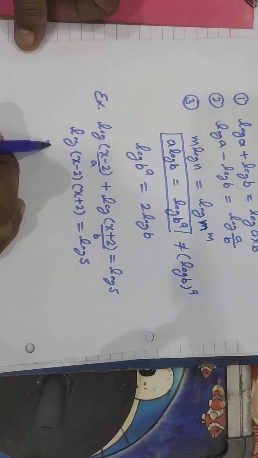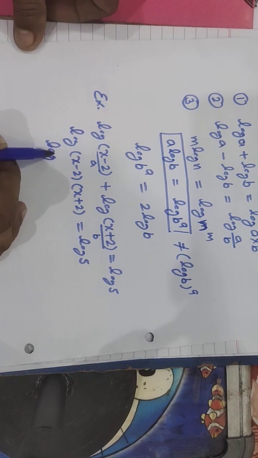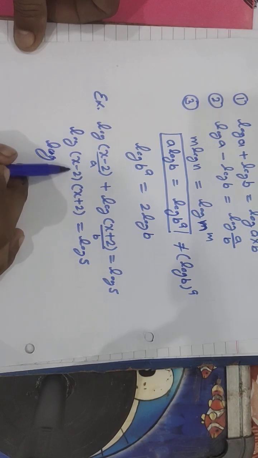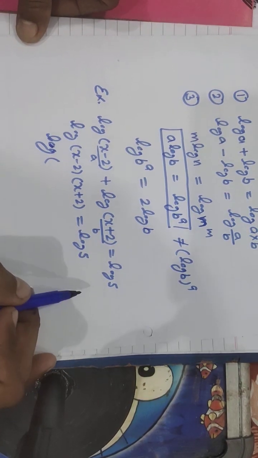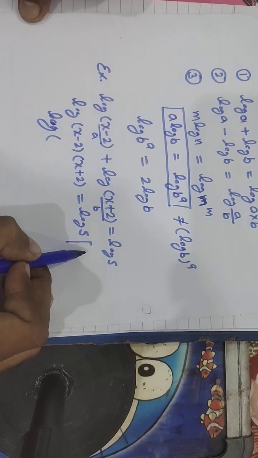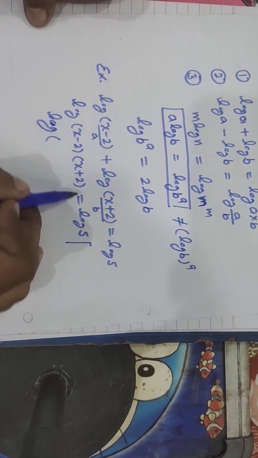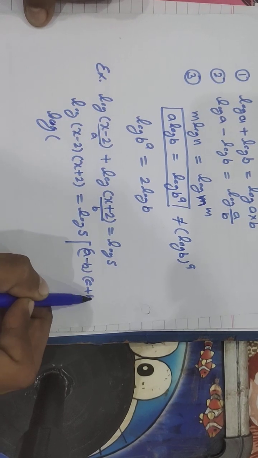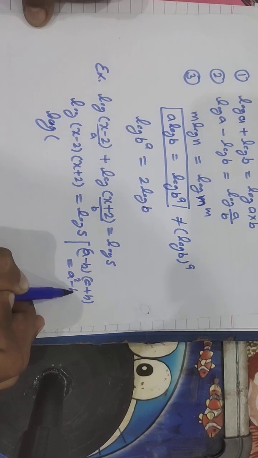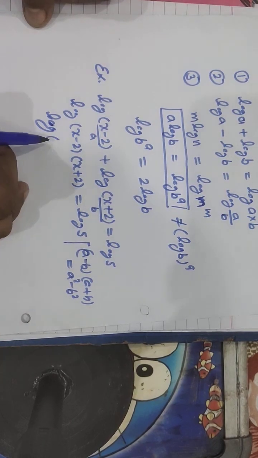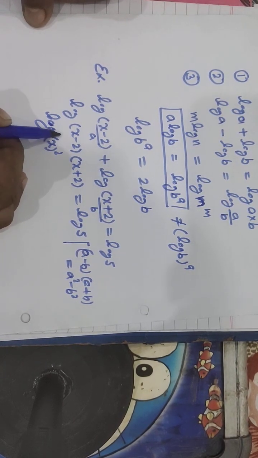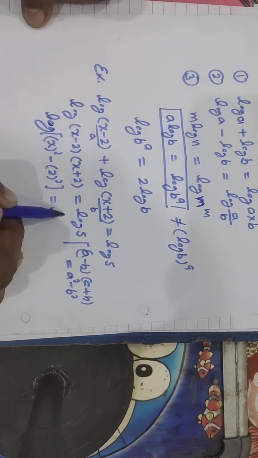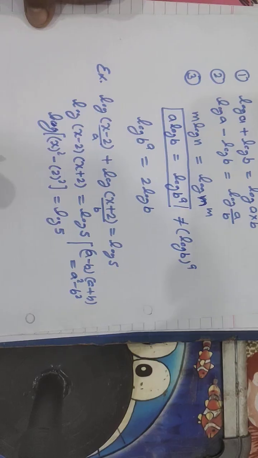Let's solve it. Log of (a minus b)(a plus b) becomes, this is the identity. Remember that one identity we learned in the expansion chapter, that is (a minus b)(a plus b) equals a square minus b square. We can use here x square minus 2 square equals log 5.